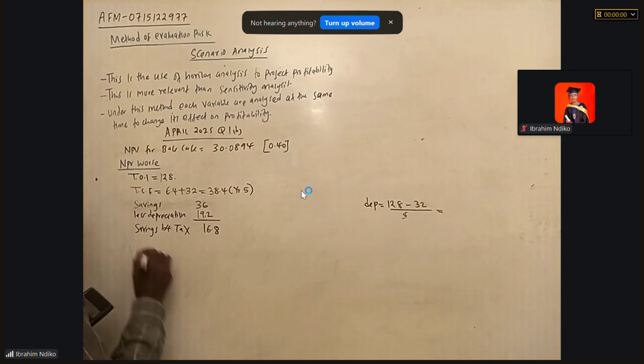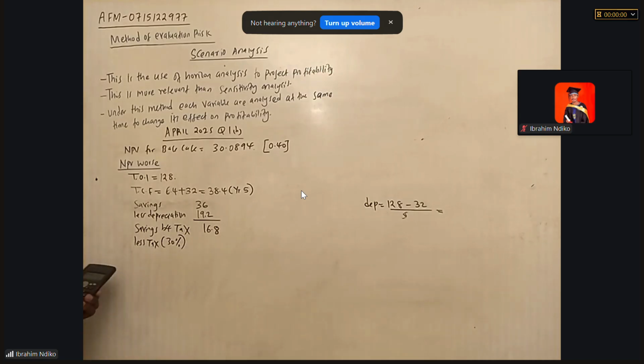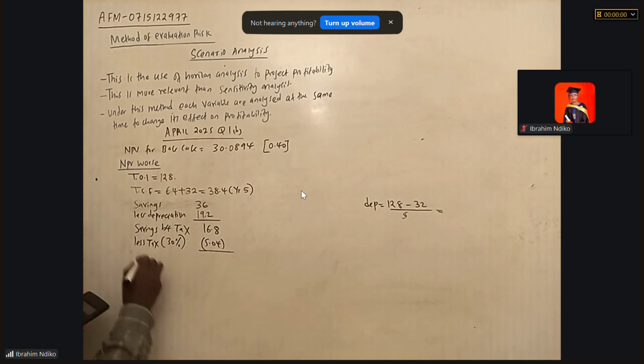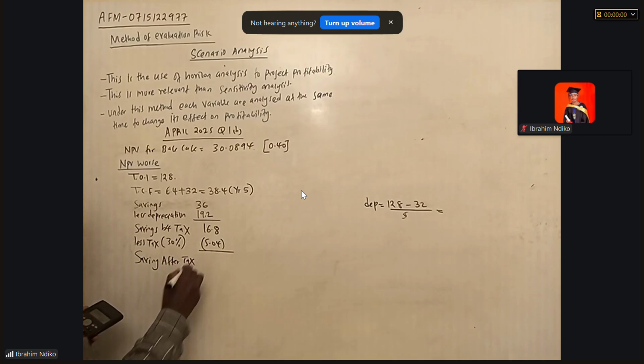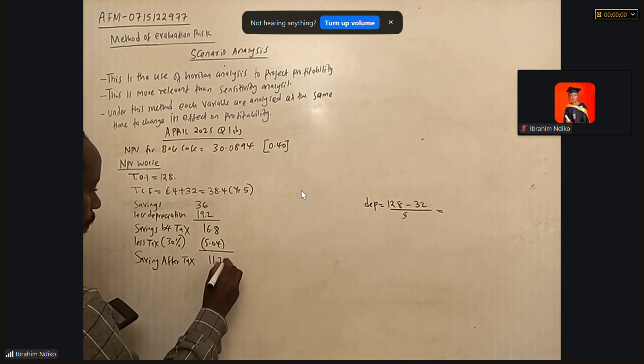Then we less tax, which is 30% of that amount. Then we get savings after tax, 11.